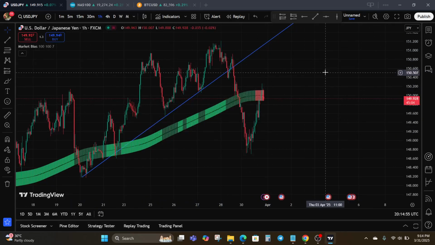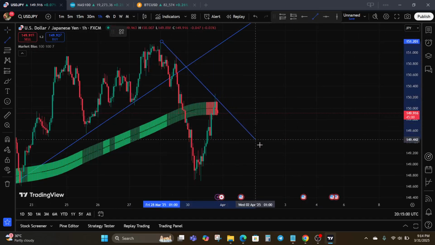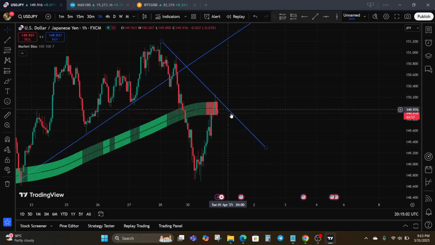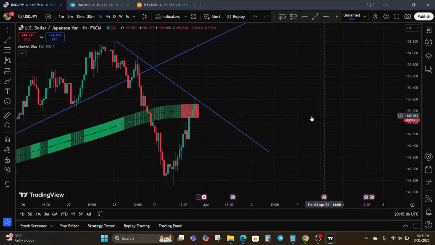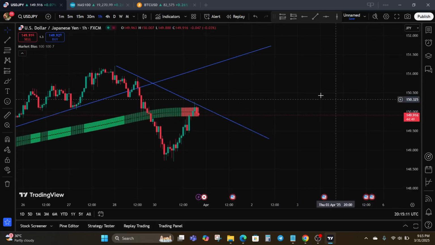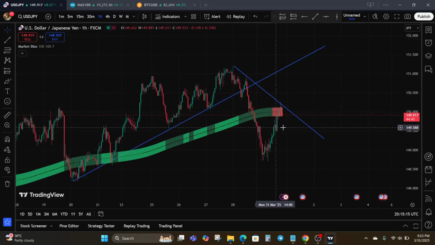I might not need it again. So I need to keep on updating my trend lines as price action evolves, as price moves forward. However, the HA market bias indicator eliminates this problem by automatically adjusting to market conditions, keeping you one step ahead.